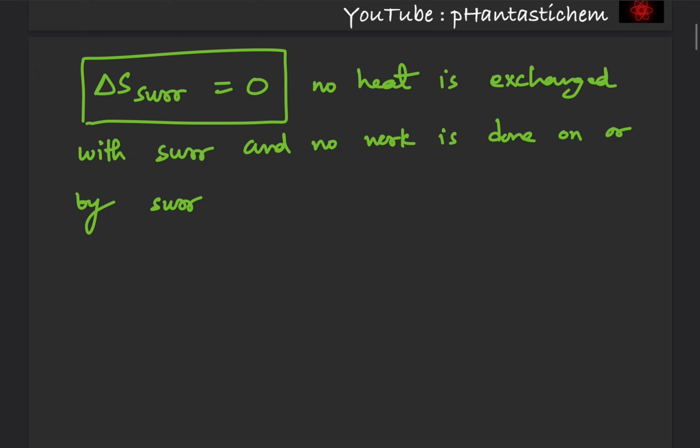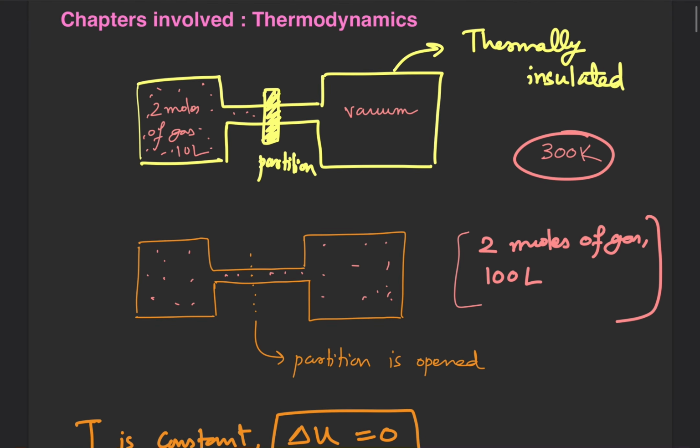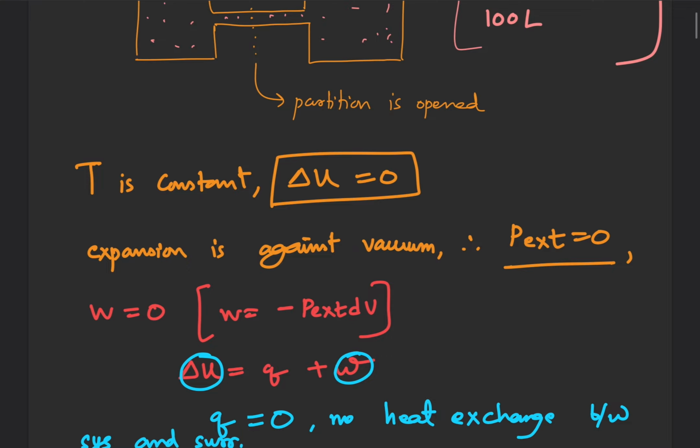Okay, now coming back to our system, so this is our system, this container. Even though there is no heat transfer, that is, no heat is going out, neither any heat is coming in, and no work is done by the system also, because we calculated that W is also equal to 0, Q is also equal to 0.